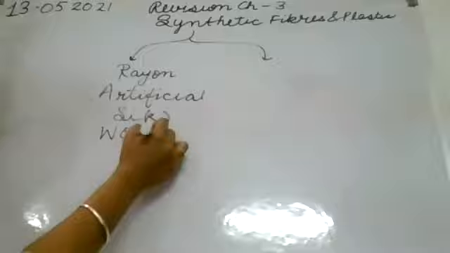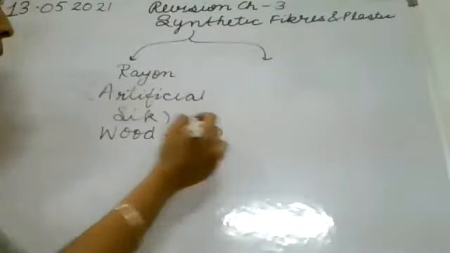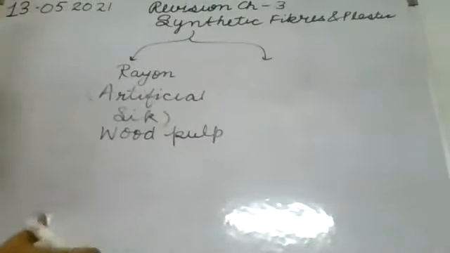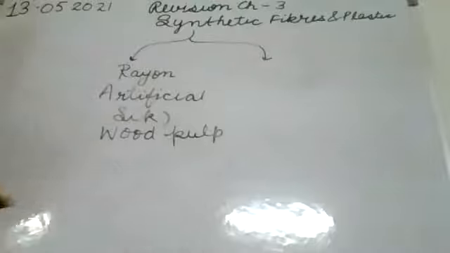So it is obtained from a natural source, and then we also use a synthetic process to make it. So we also call it semi-synthetic, because first the origin is from nature, and we also use a chemical process to make it. So it is the first man-made fiber. That is, rayon is obtained from wood pulp. Clear?